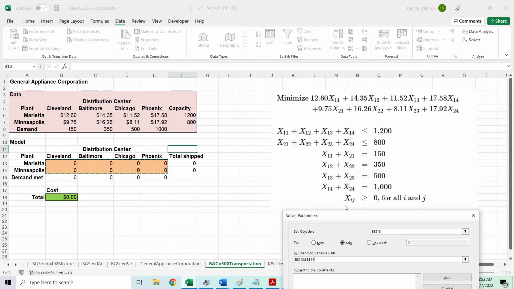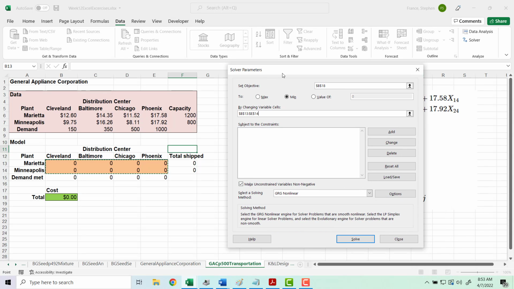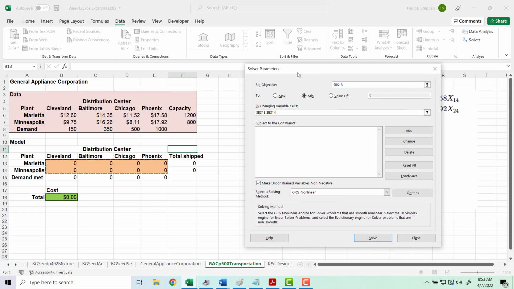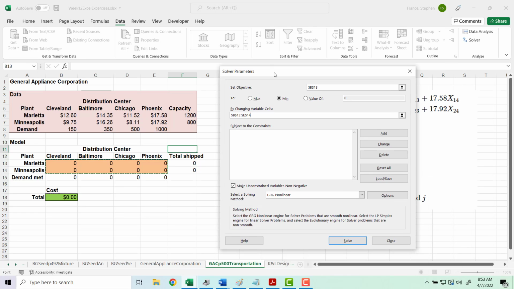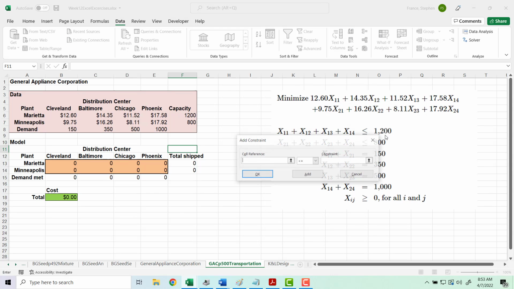You can't have negative quantities, so they're going to be greater or equal to 0. So the first thing we want is the capacity constraints, that we can't have less than our actual capacity. So we're going to add, and these values need to be less than or equal to these values.